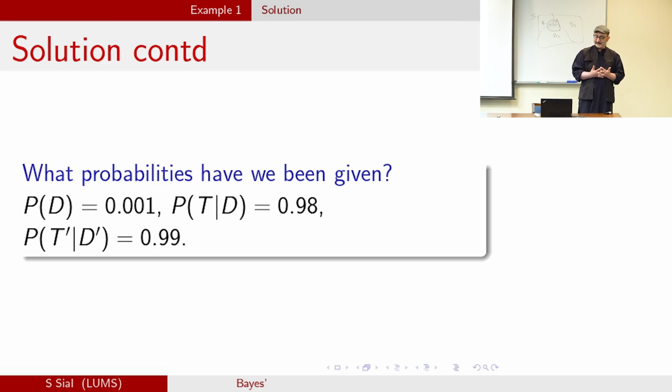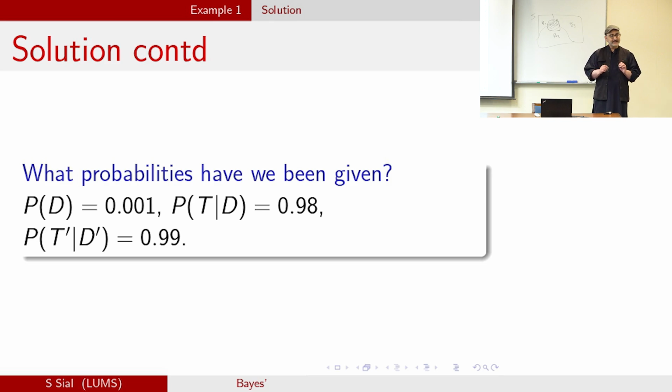The probability that someone has the disease in the general population is 0.001. The probability that the test gives a positive result for a diseased person is 0.98.